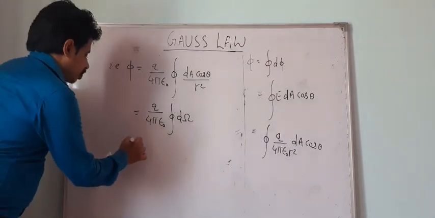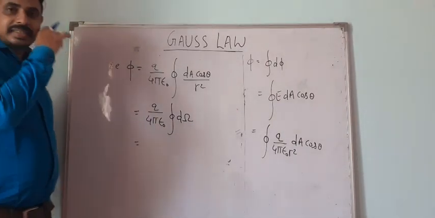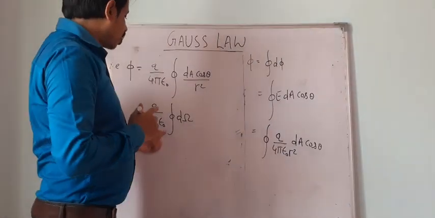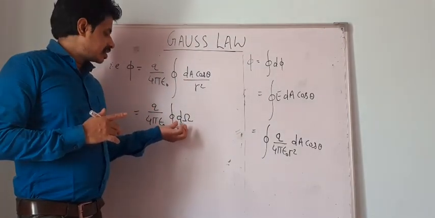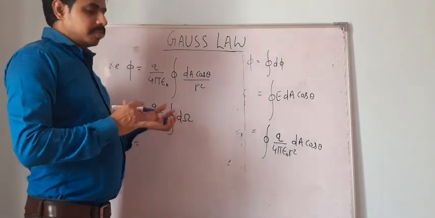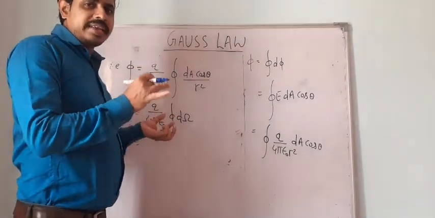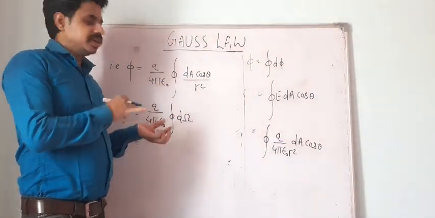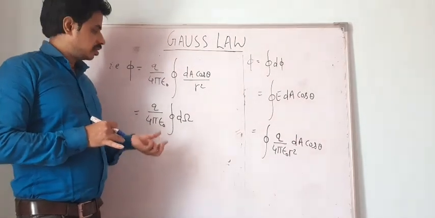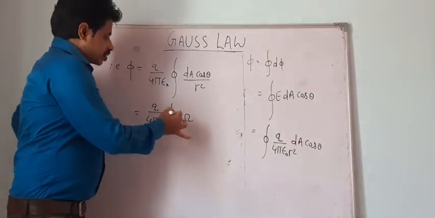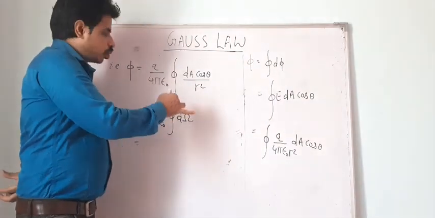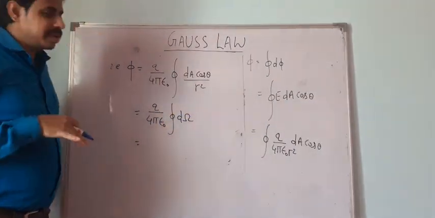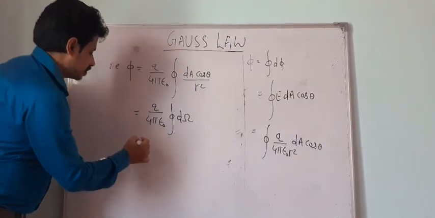For a closed surface, the total solid angle subtended by the surface to any point inside it is always 4 pi. Since this is a closed surface and the point is inside the surface, the total solid angle subtended by this closed surface will be 4 pi.